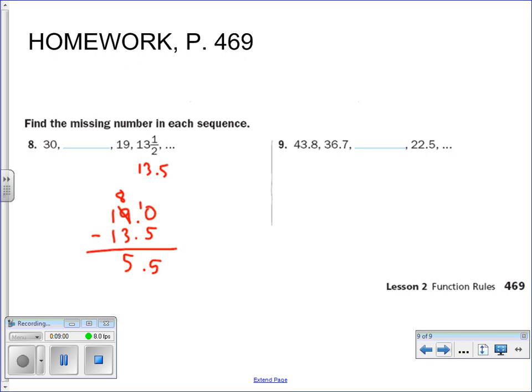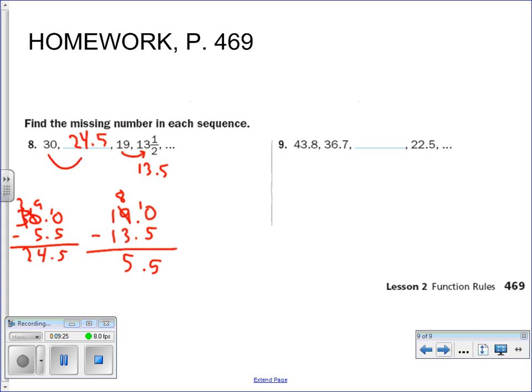So in other words, they subtracted 5.5. So if I go 30 minus 5.5, I should get the next number. 24.5. Now how do I check to make sure this is right?